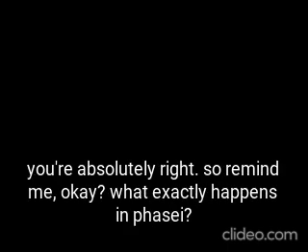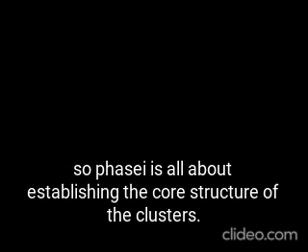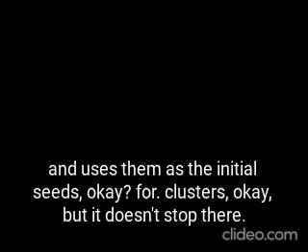You're absolutely right. So remind me, what exactly happens in phase I? Phase I is all about establishing the core structure of the clusters. denmune takes those strong points, the ones with a lot of mutual nearest neighbors, and uses them as the initial seeds for our clusters.